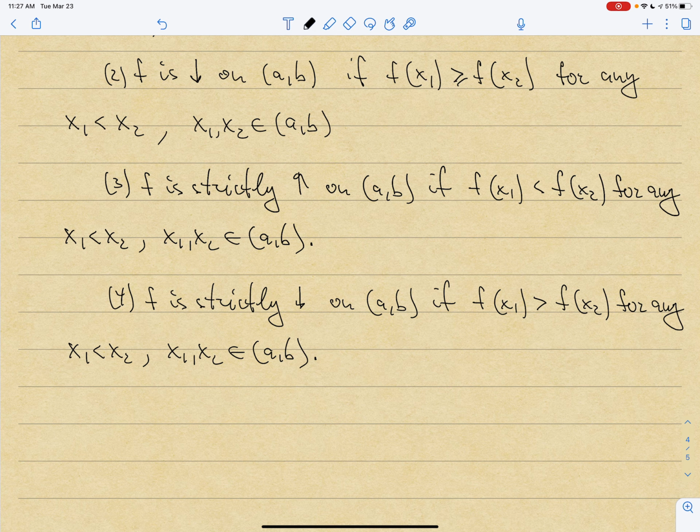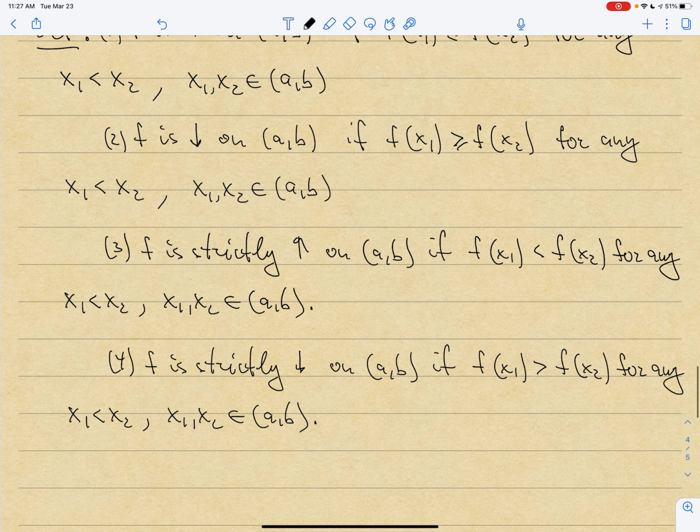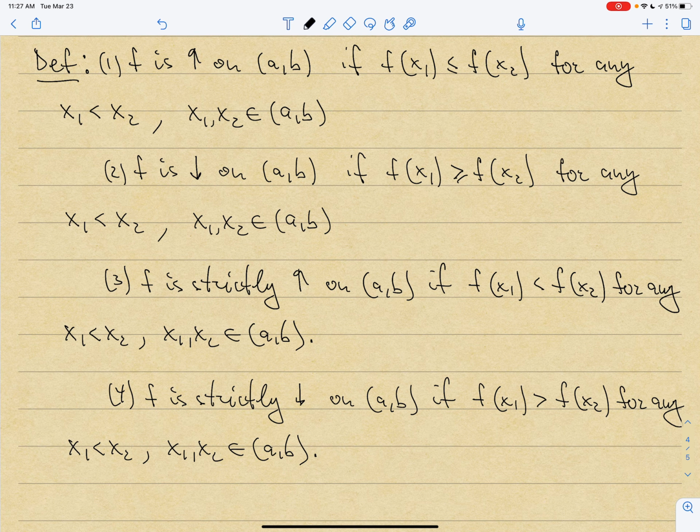Notice that I'm not defining increasing and decreasing functions by specifying the sign of a derivative, right? It is incorrect. One reason is that I can have increasing or decreasing function, but it's not differentiable, right? So increasing and decreasing, you simply compare the values of the function at two different x's, and if you have a certain trend, then the function is monotone, increasing or decreasing.